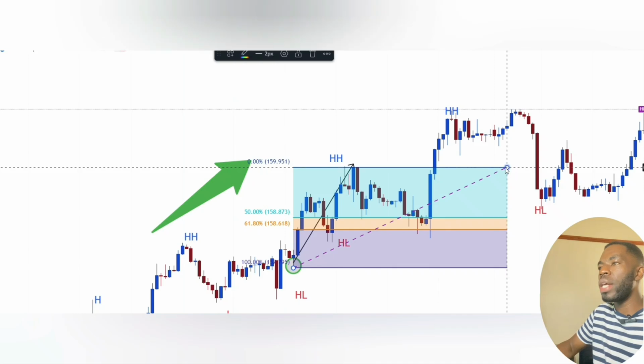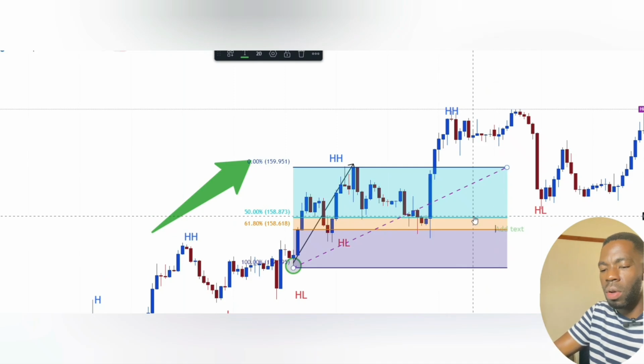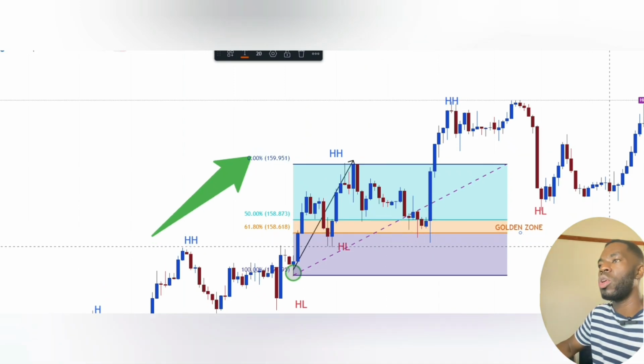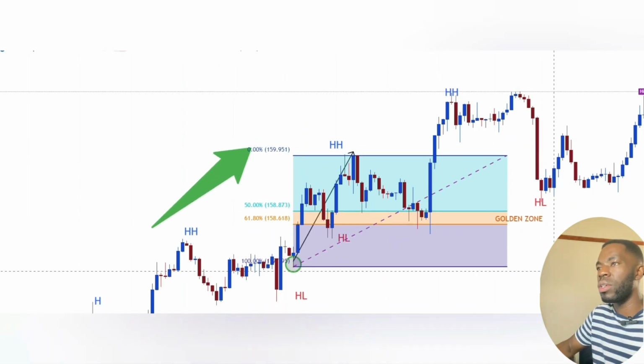So you can see our golden zone is here, between the 50 and the 61.8%. That's our golden zone, where normally price changes direction to continue with the trend.